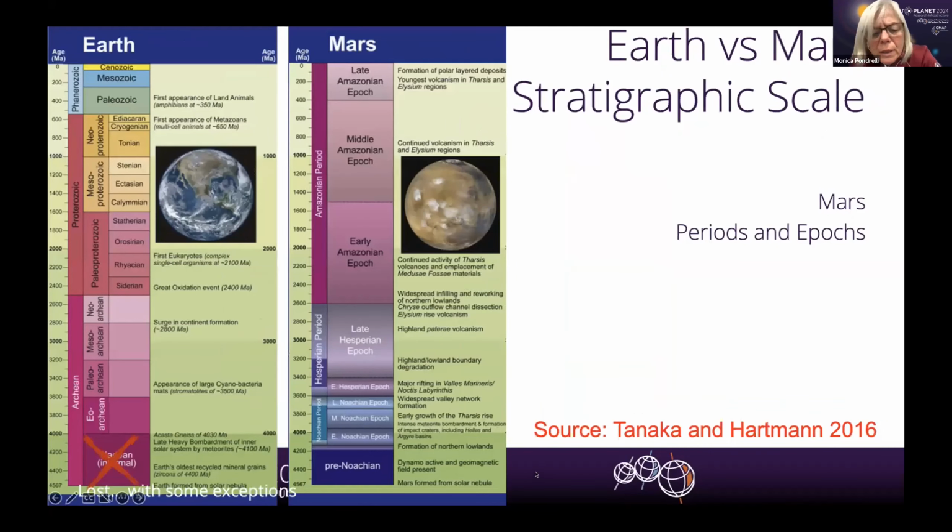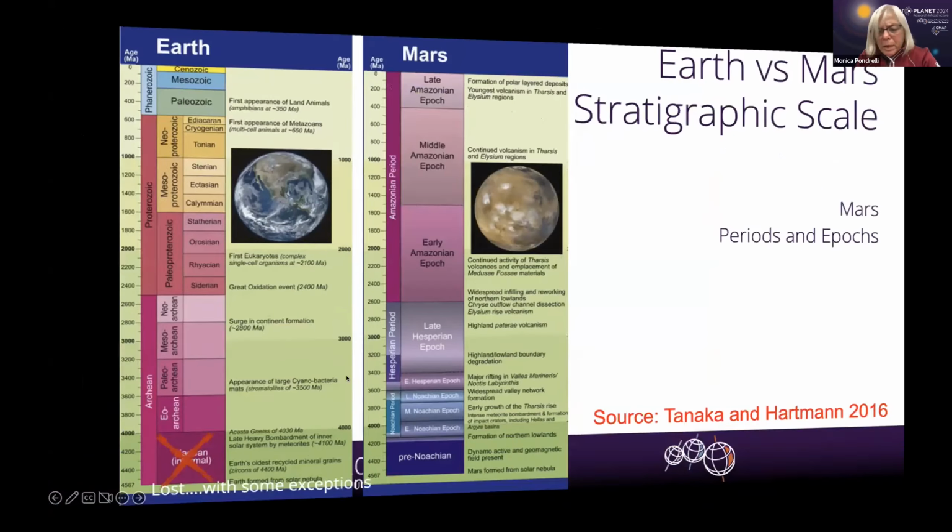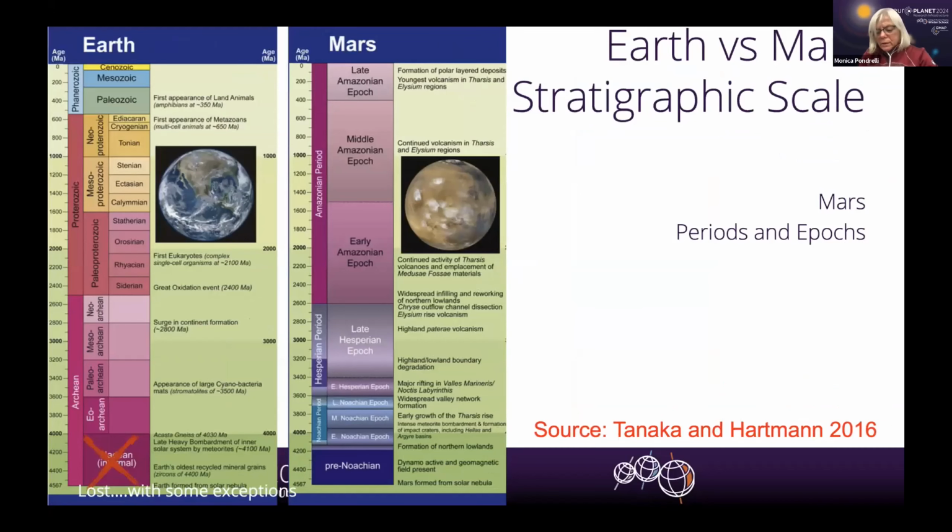Speaking of stratigraphy, okay, this is Earth stratigraphy, this is Mars. Stratigraphy is divided, sorry, my mouse dropped and since then it became anarchic. It is divided in 3 periods, Noachian, Hesperian, and Amazonian. The Noachian lasted until 3.6 billion years ago, Hesperian until 2.6 billion years ago.